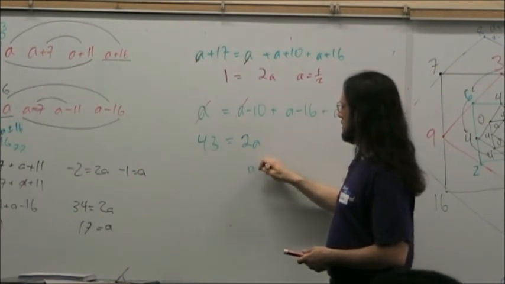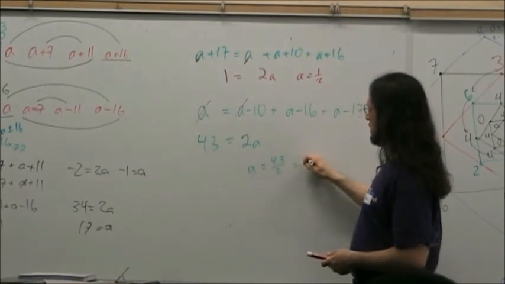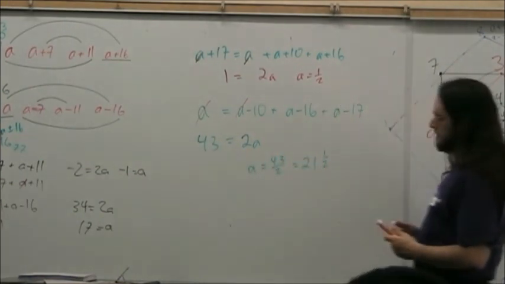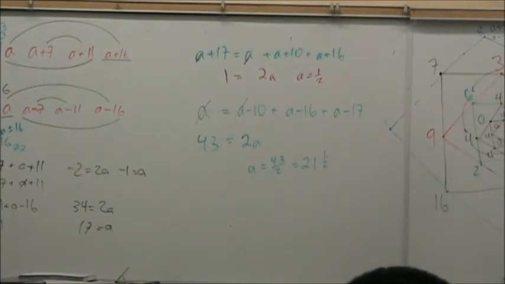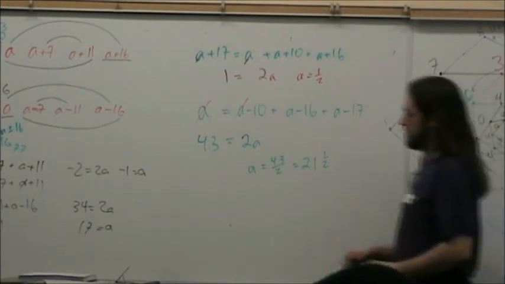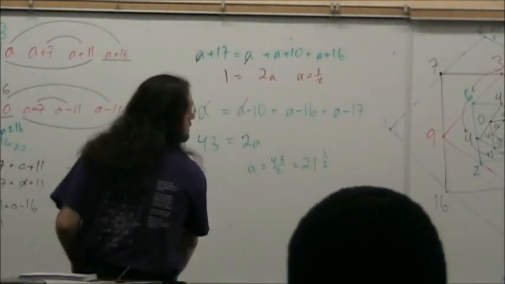So A is 43 halves, or 21 and a half if you prefer. So it looks like I can keep working backwards as long as I'm willing to not have integers. And I guess I get two possibilities. A could be a half, and then with adding all the way around. Or A could be 21 and a half, and then with subtracting all the way around.